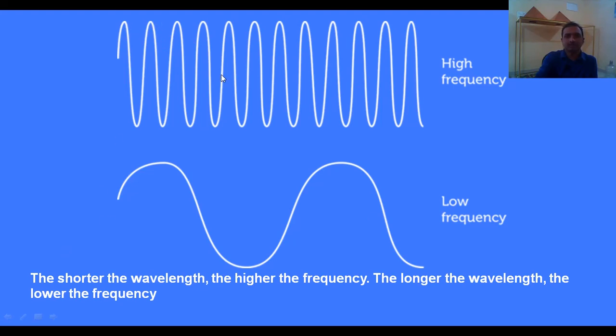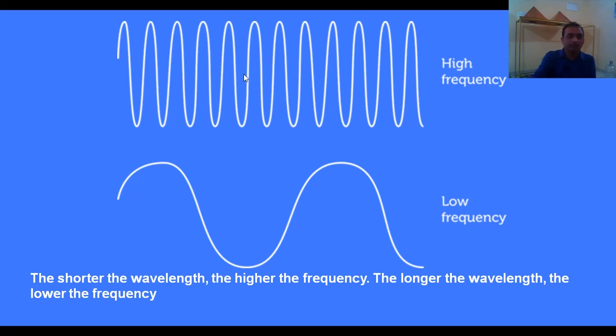So this is the shorter wavelength radiation. The Sun always emits shorter wavelength radiation to the earth surface. We are all in the visible region. I will explain the visible region in the electromagnetic spectrum. First you can understand this topic: what is shorter wavelength radiation, what is longer wavelength radiation.